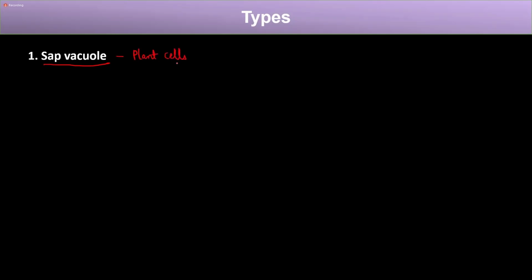The sap vacuole is present in plant cells, and the membrane of the sap vacuole is the tonoplast, like I said. It consists of water and minerals.